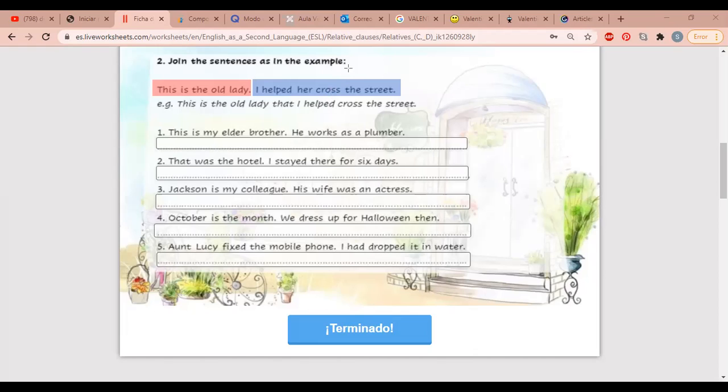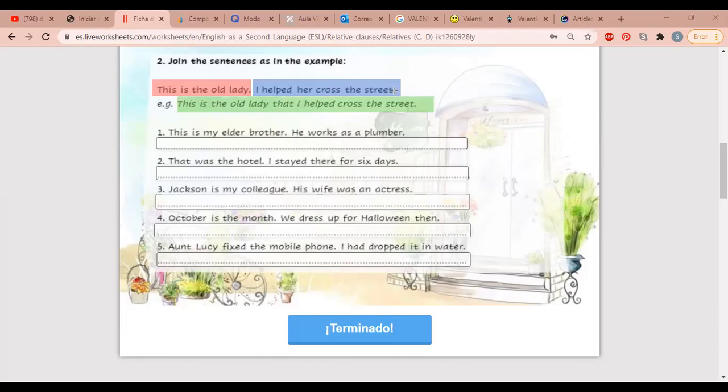Look how it turns out. We have, this is the old lady, right? The first sentence. This is the old lady that I helped cross the street.